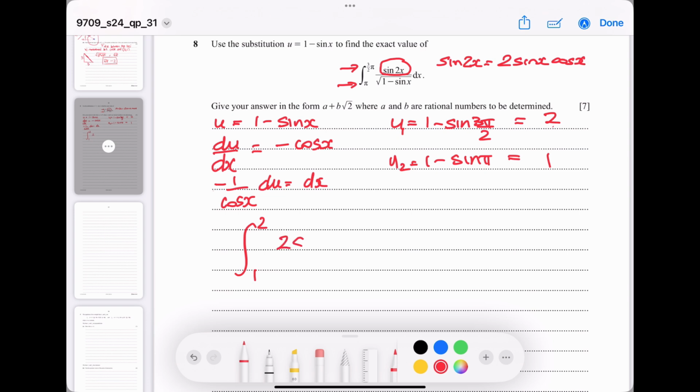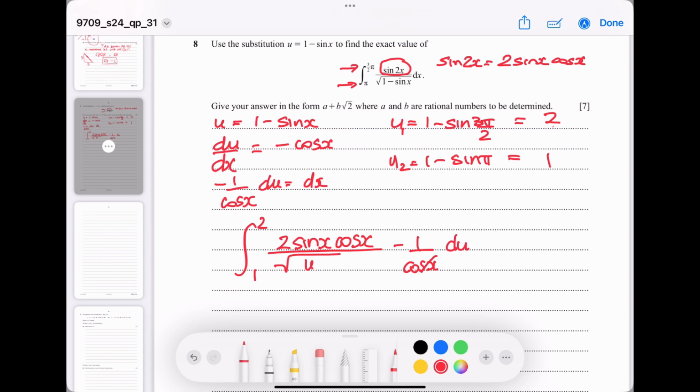So we've got 2 sine x cos x on the top over the square root of 1 minus sine x, which we know is u. Then dx is -1 over cos x du.